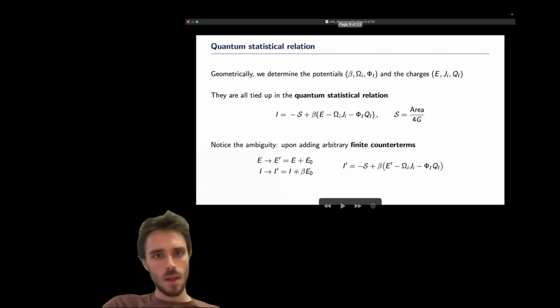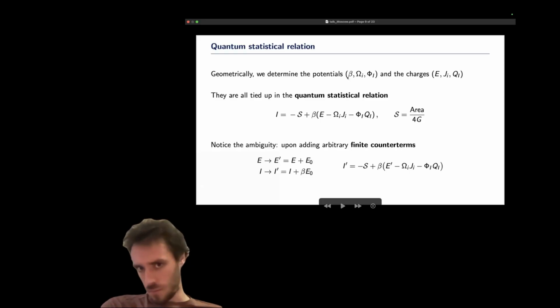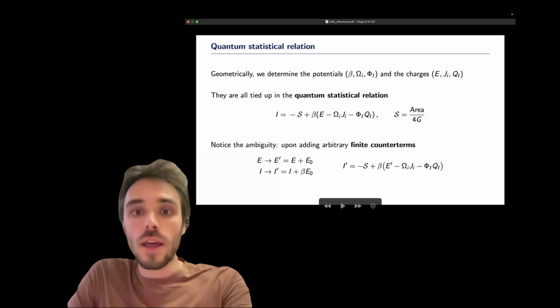Okay, perfect. Now, so far, we geometrically determined the potentials. This is what you saw appearing in the metric and in the gauge field.